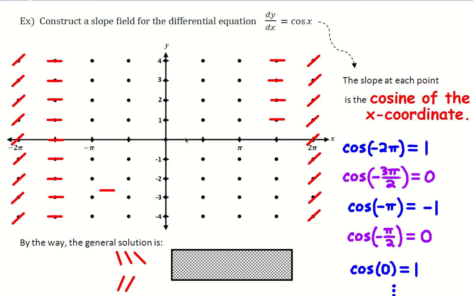I just realized that the cosine of 0 is also 1, so I'm gonna have more uses for these guys, because when x equals 0, the cosine of x is also equal to 1.